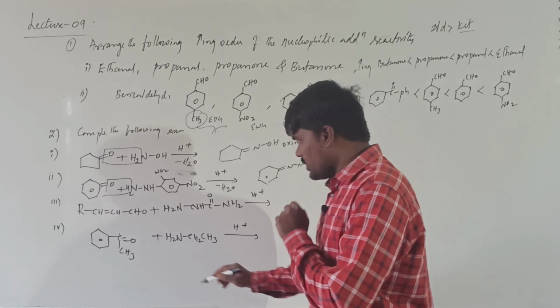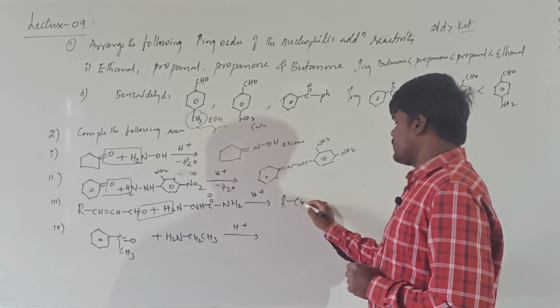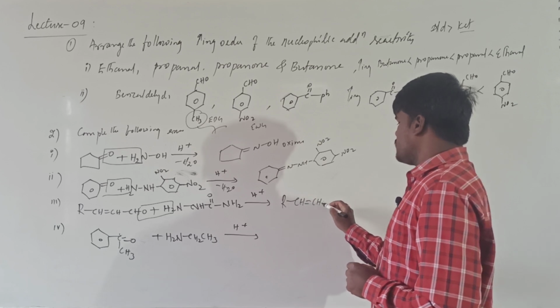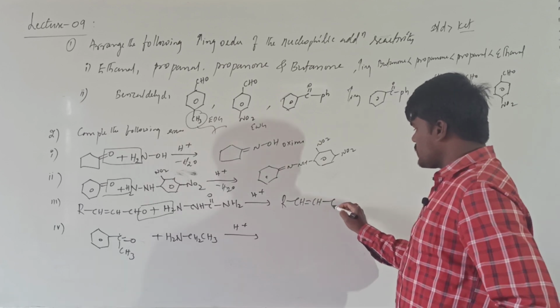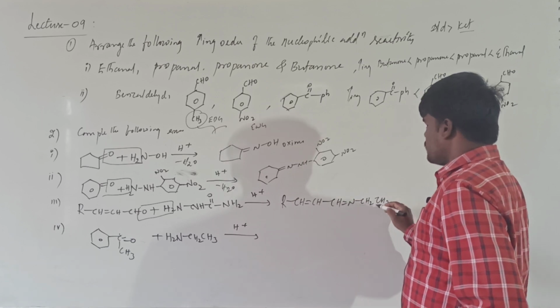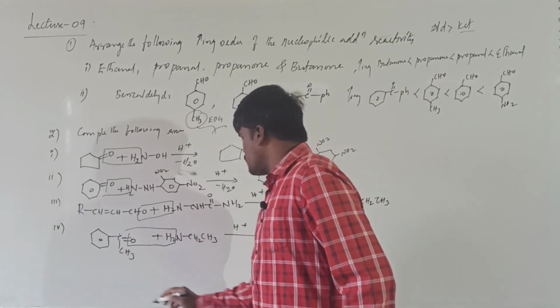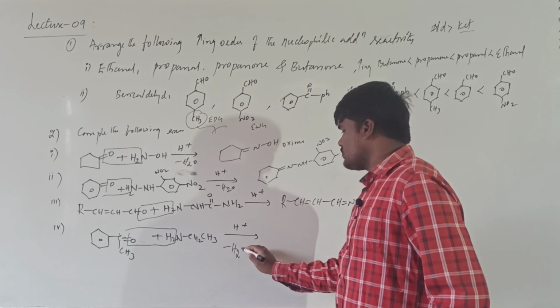And what about the product? Here also elimination of water takes place, right? So you just connect the remaining two groups with the removal of water. Here also the same thing. What gets eliminated here? Water gets eliminated. With the removal of water, what do you get here?